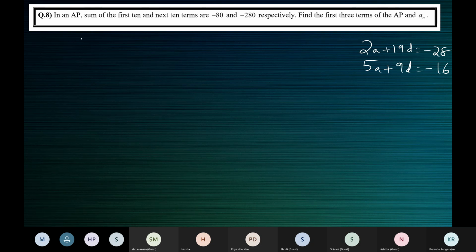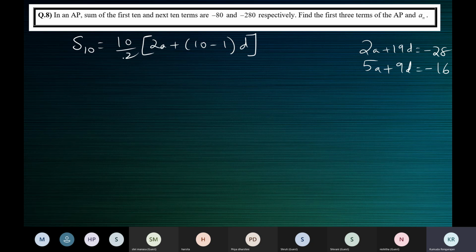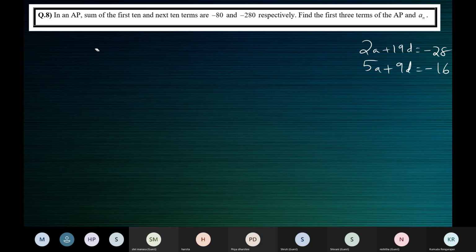So sum of the first 10 terms is equal to 10 by 2 of 2a plus 10 minus 1 into d. Before that, I should have written, we'll first write what is given.